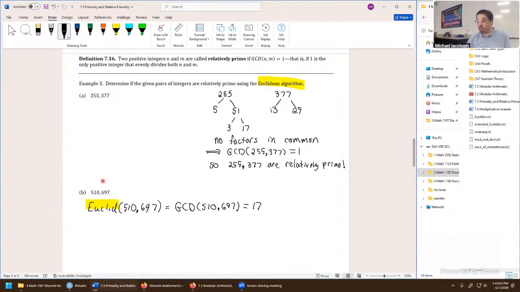That means 17 divides both, and so 510, 697 are not relatively prime. In other words, if we worked really hard at the factor tree, like we did here, we would see 17 branching on the first integer and somewhere branching on the second integer.